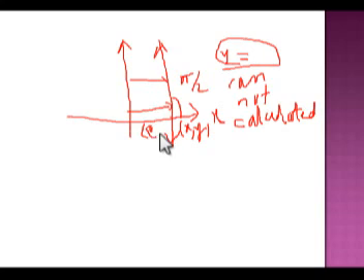C0 is the point where the straight line intersects the x-axis. So this distance must be c everywhere.